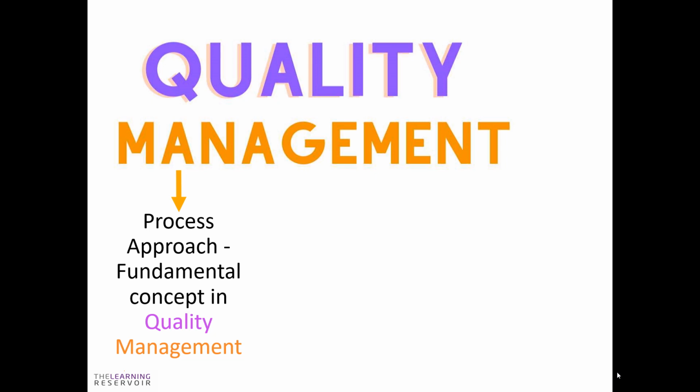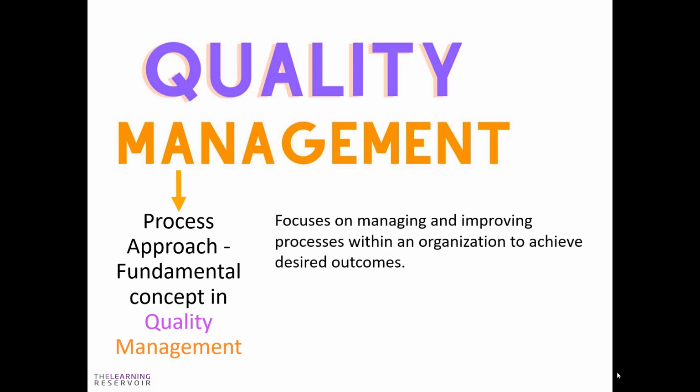It is where you focus on managing and improving processes within an organization to achieve desired outcomes. An organization has to be broken down into different elements in order for it to be managed correctly. You can't manage an organization as a whole. You have to break it down into different processes to be able to control it.